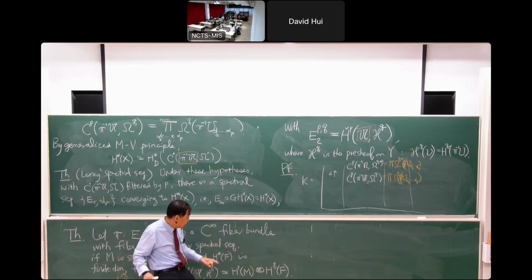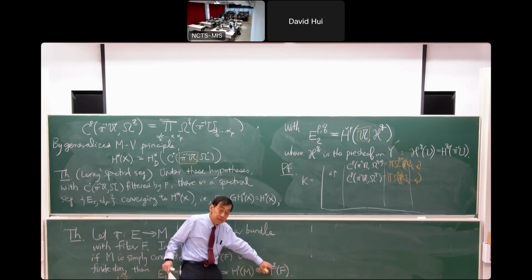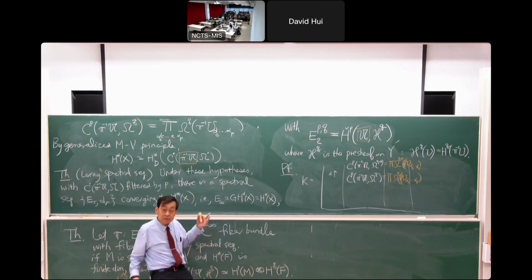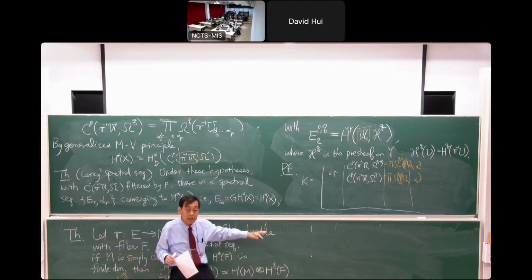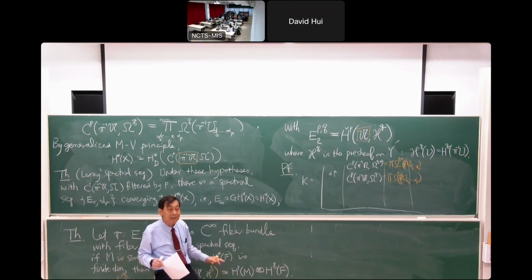Sometimes if you know the cohomology of M and F, you can determine the cohomology of E, and sometimes it can work the other way. If you know the cohomology of E and F, you can determine the cohomology of M.